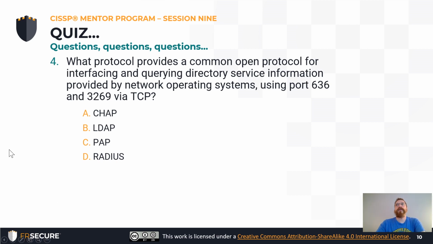I just know when I see 636 and 3269, it's actually secure LDAP, but LDAP would be the correct answer there. This is why we keep really hammering on needing to know those memorization items, those things that we were talking about up until now.